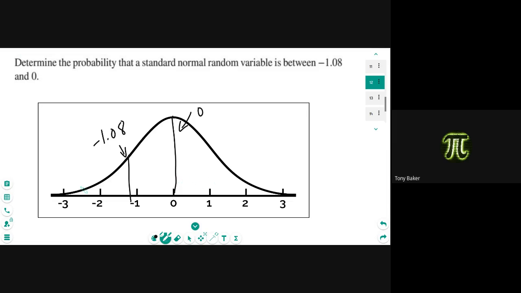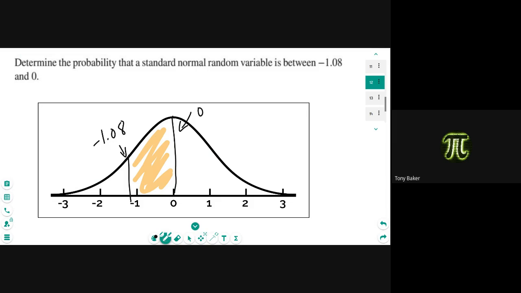Which section am I shading? So this section, this section. So I'm shading here, right? So we want that section. Okay.